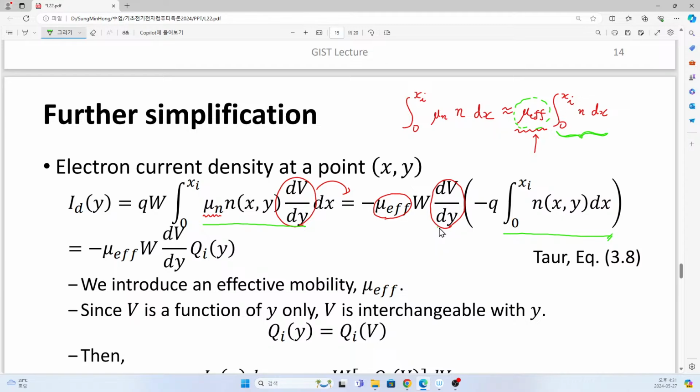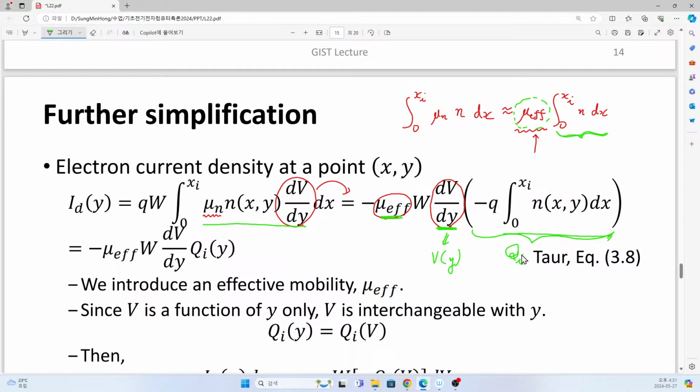Of course, this is possible because we have already made a certain assumption, that V is not a function of x and only a function of y. That was the key. We can make such a simplification and also introduce the effective mobility. Once we adopt this, we can identify this number as inversion charge. What is it? Just the total number of electrons integrated vertically at a given position.